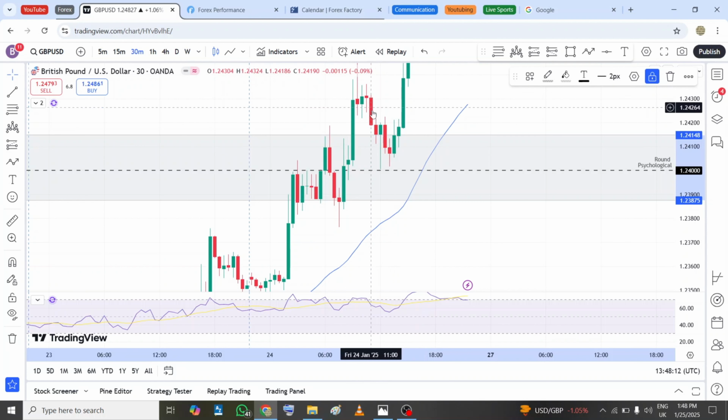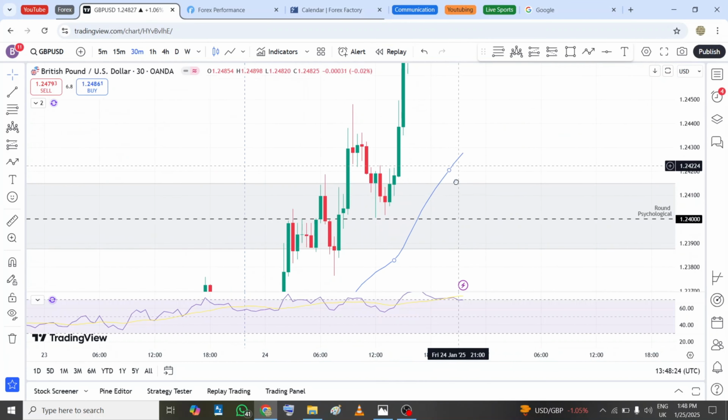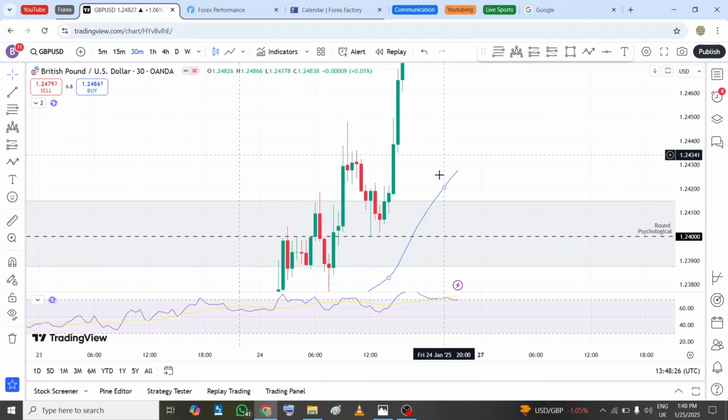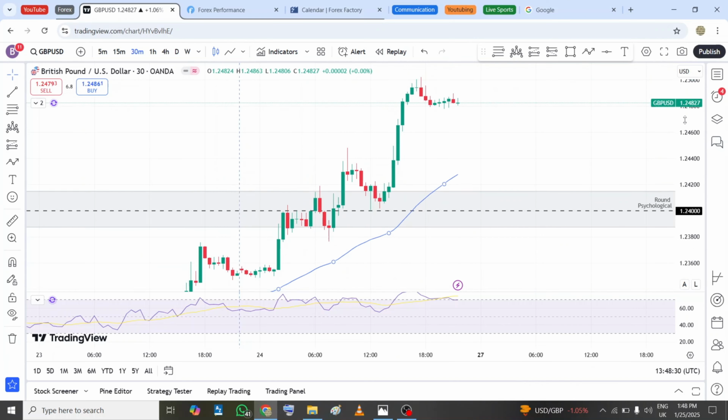Okay, it's headed to the downside a bit, and then there is a green candle that eats up the red candle totally. It totally engulfs it. That's why we call it the engulfing candle, and then it indicates that price is ready to move up. If you go to the smaller time frames like the 5 minutes, you can see a change of character. Okay, so that is what I mean.